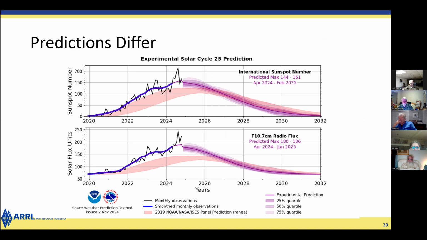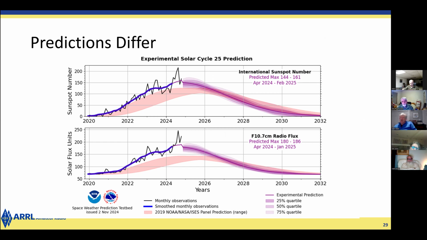The thick purple line is a smoothed number, the average over I think a month's time. So it lags the daily number by quite some amount.